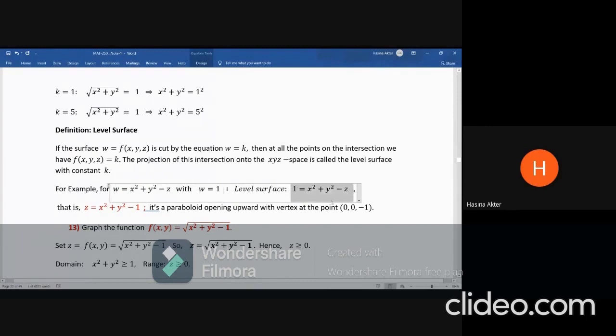So if you do the simplification, z is going to be this, which is the paraboloid, which is shifted 1 unit downwards. That means the paraboloid, which is symmetric with respect to the z axis, opening upward with vertex 0, 0, -1. Did it make sense to you?